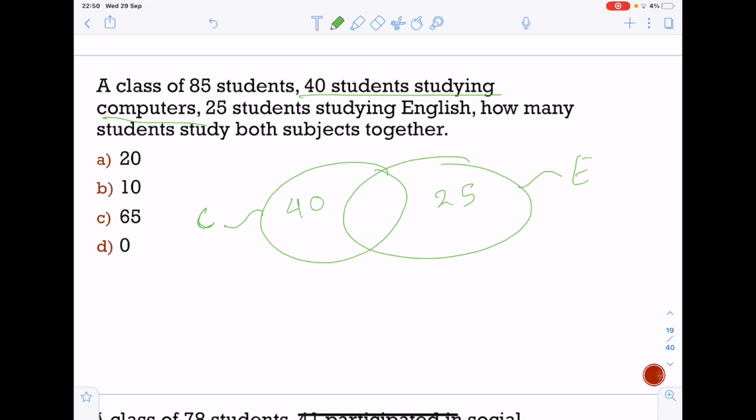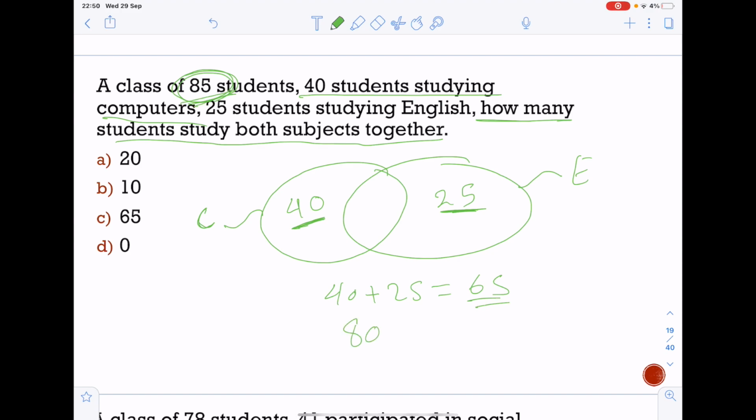And we're asked here to find out how many students study both subjects together. Since the total is 85, and the numbers that we have here are 40 and 25, 40 plus 25 equals 65, but the total is 85.